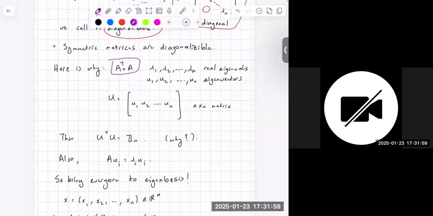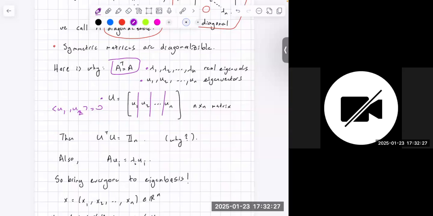I have a symmetric matrix, A transpose is A. I have real eigenvalues, and I have eigenvectors that are orthogonal to each other. Stack those eigenvectors next to each other: first column is the first eigenvector, second column the second eigenvector, last column the last eigenvector. If you take any two of these eigenvectors, say U1 and U2, they are orthogonal to each other, inner product 0.